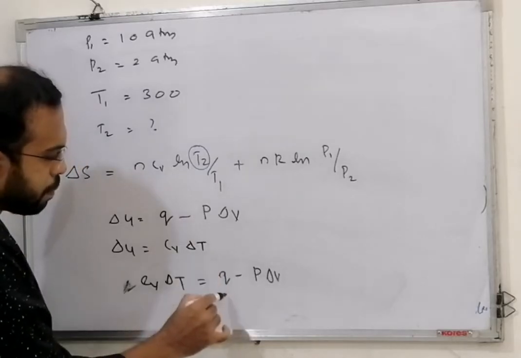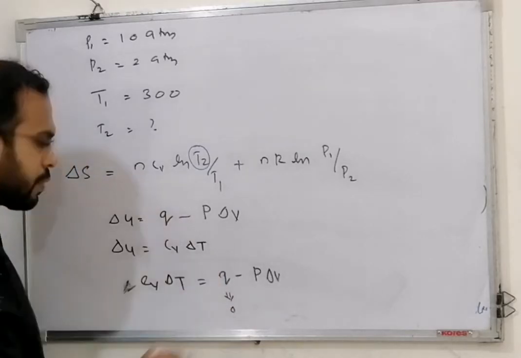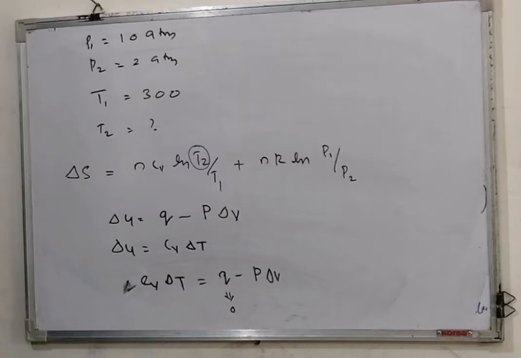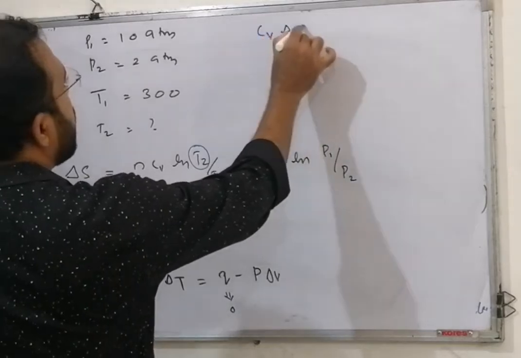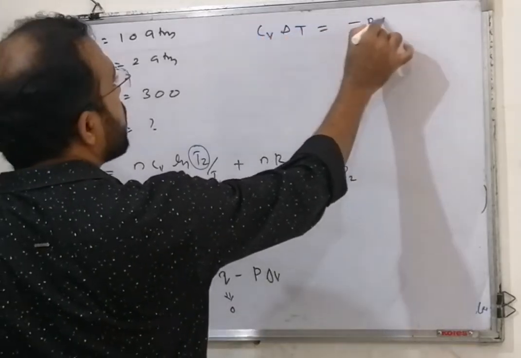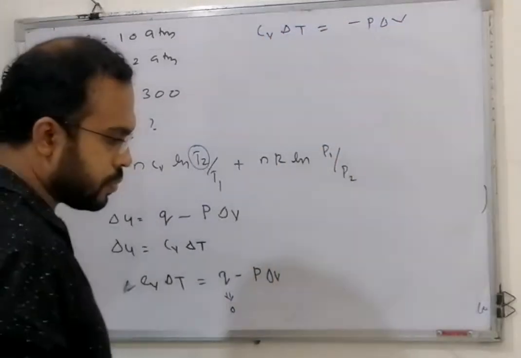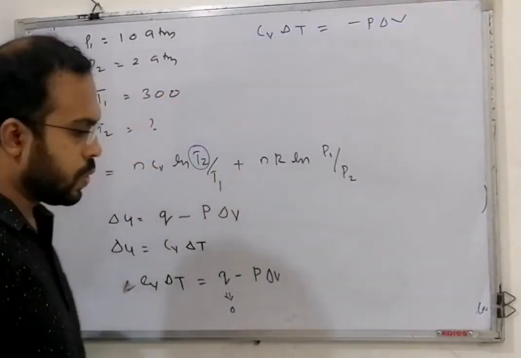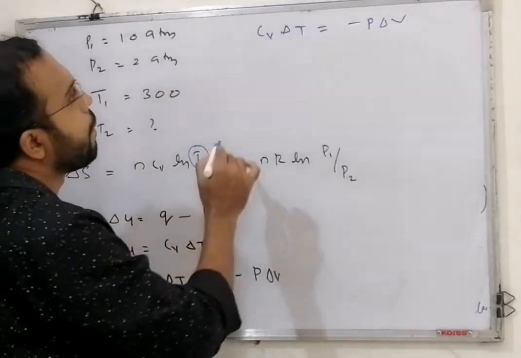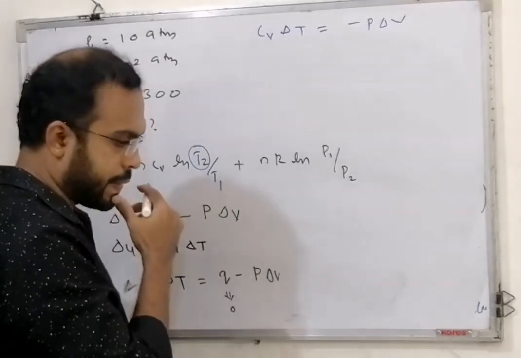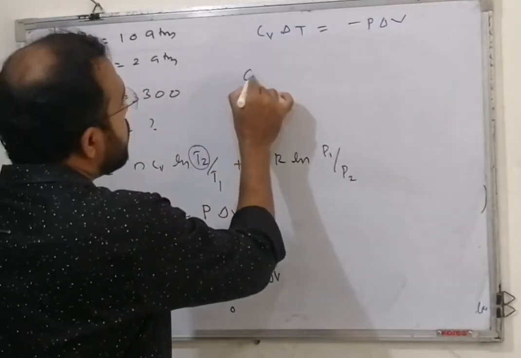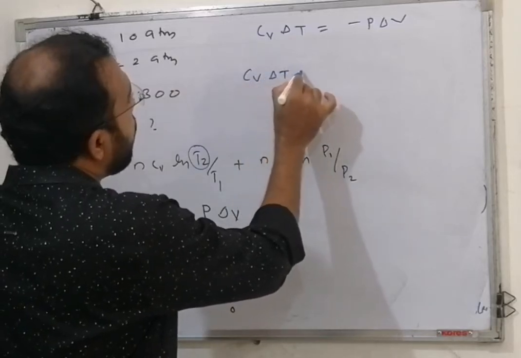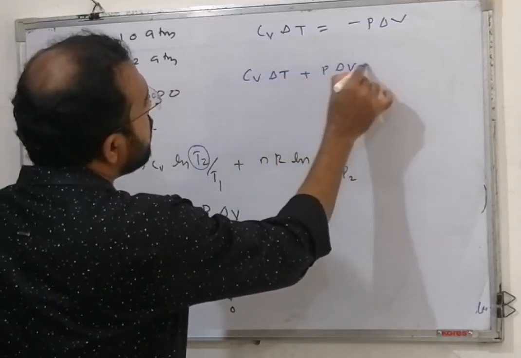For an adiabatic process, whether it is reversible or irreversible, we can say that Q is equal to 0. Therefore, CV delta T is equal to minus P delta V, or CV delta T plus P delta V is equal to 0.